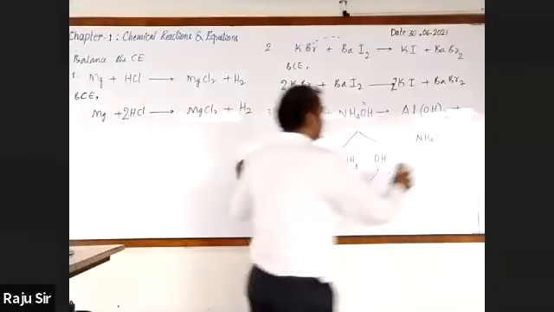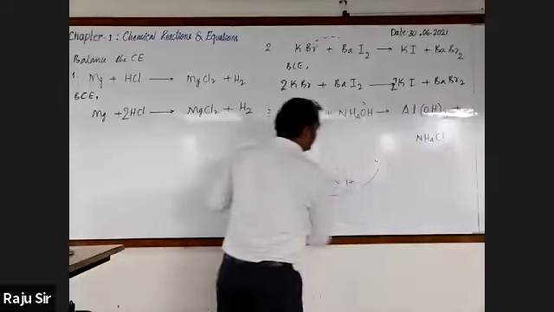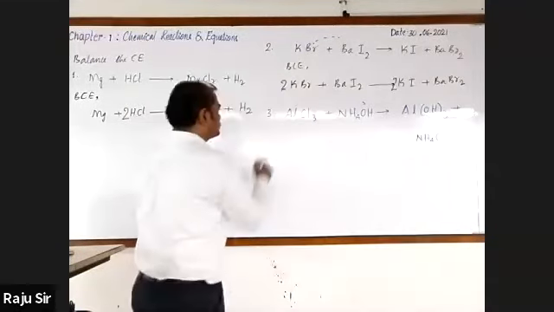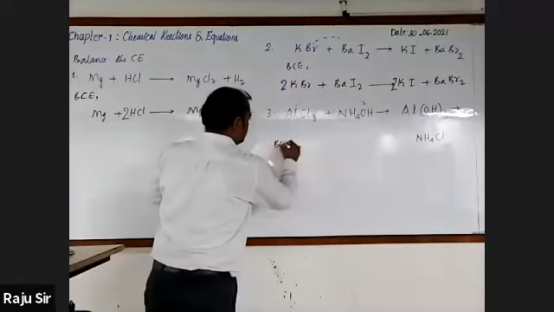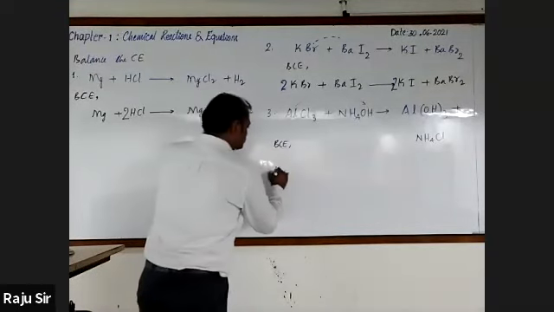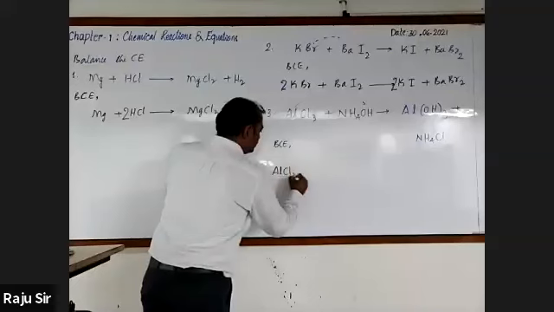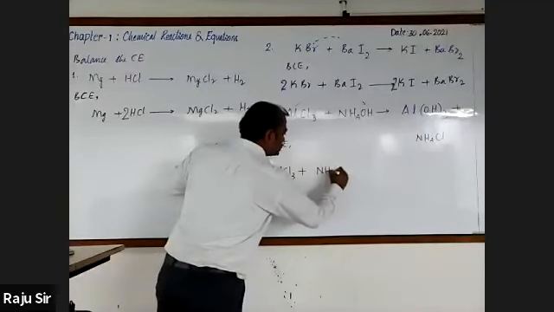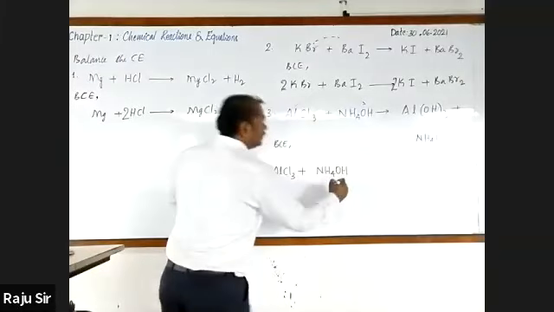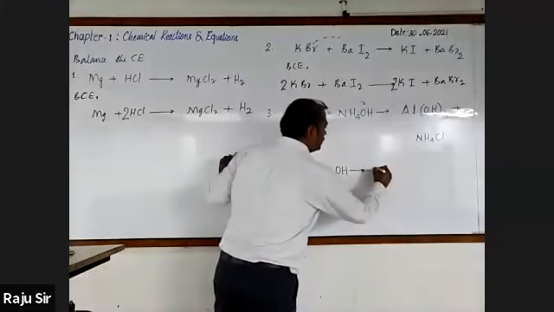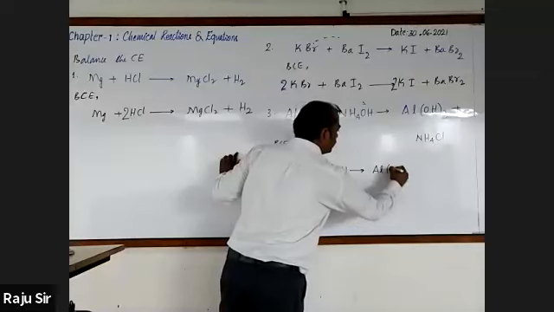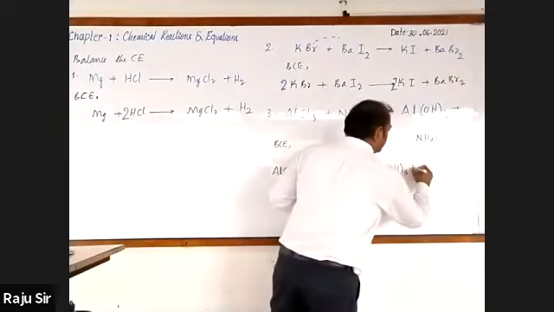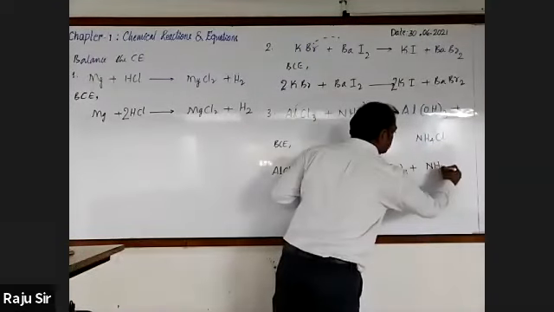Now it should be balanced. Before that, just write the chemical equation as it is: aluminum chloride AlCl3 plus ammonium hydroxide NH4OH gives rise to aluminum hydroxide Al(OH)3 plus ammonium chloride, NH4Cl.